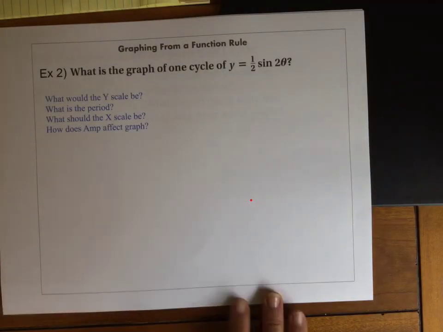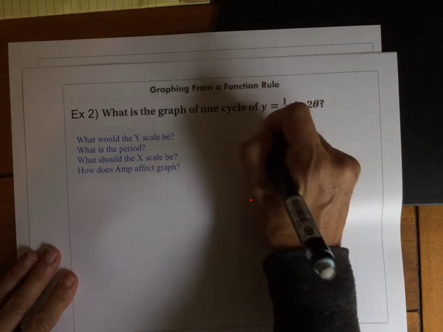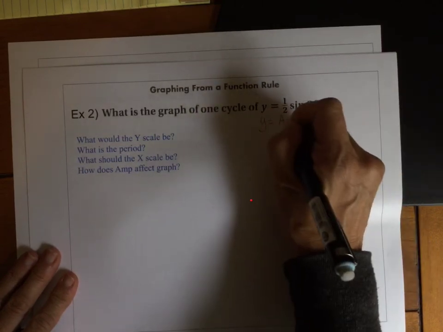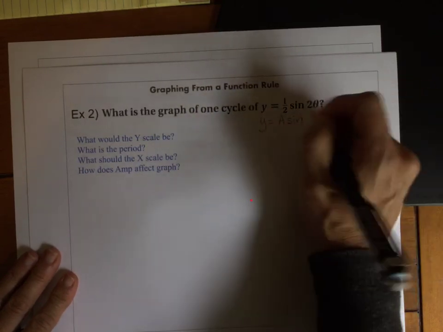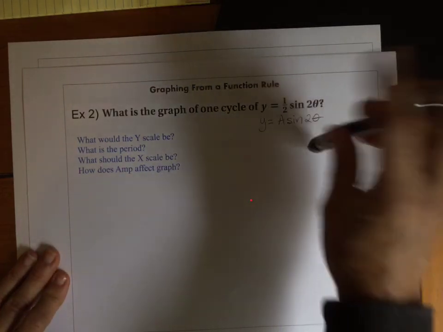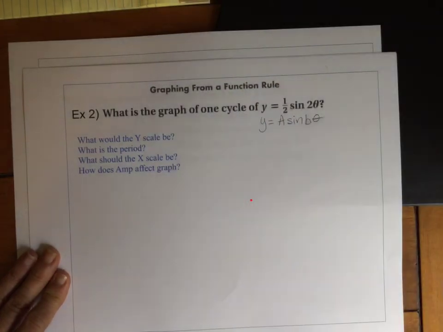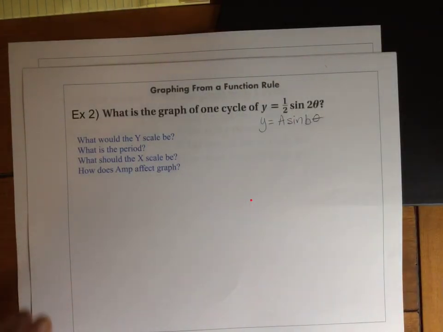Okay, so here we go. We have one that doesn't give us a graph, but it gives us the equation in this form. So a times sine of 2 theta, and theta is just your variable. So let's just put that in as b. That's b. So what would the y scale need to be?